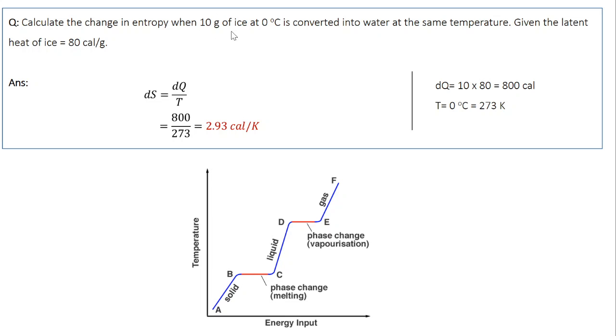We have 10 grams of ice, so this absorbs 10 into 80, 800 calories. So dQ for this process is 800 calories. So once you have identified all the parameters, make the substitution. So ds equal to 800 divided by 273, which is 2.93 calorie per Kelvin. So always remember to write the appropriate units for your final result.